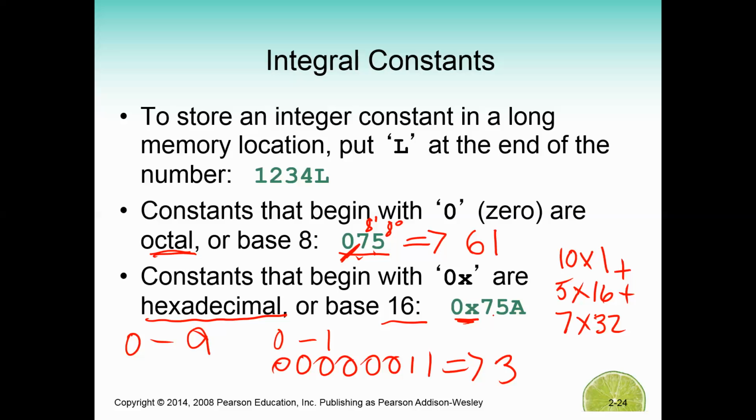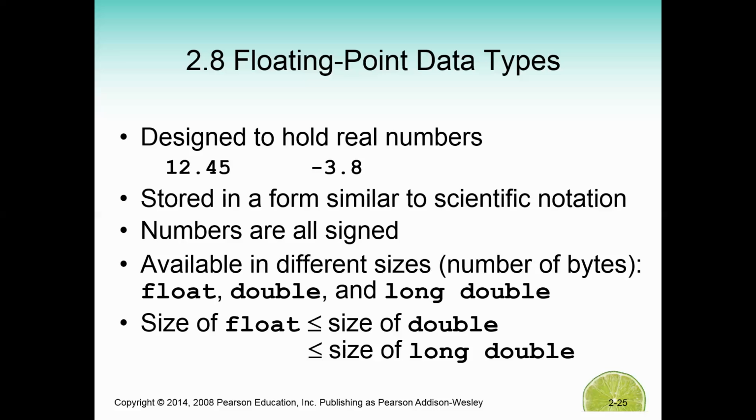This is a hexadecimal number, 0x758. So just so that you're aware that we have those constants. We can represent constants in the regular format, decimal base, but we can also represent integer constants with the octal or with the hexadecimal. Okay. Questions?